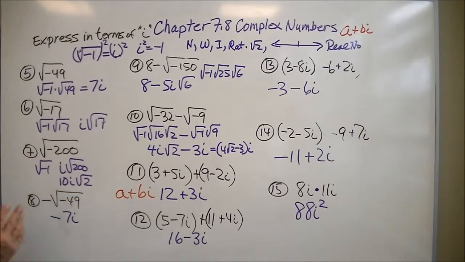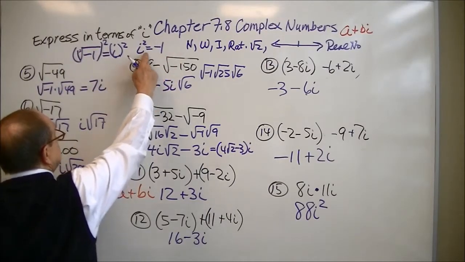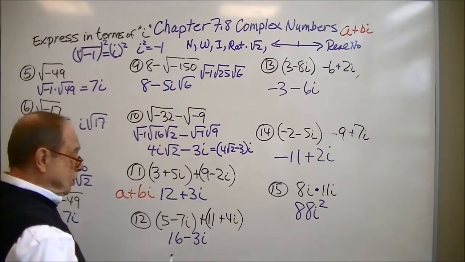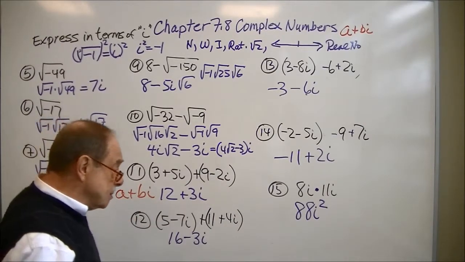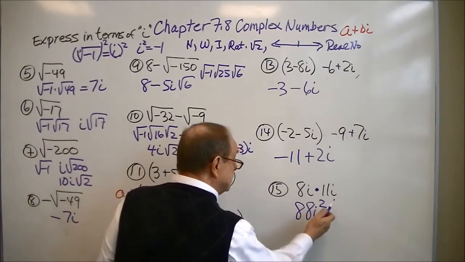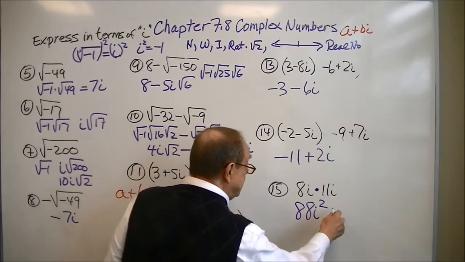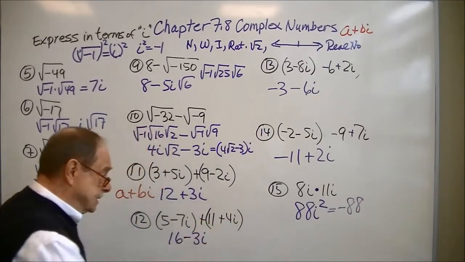Now if you leave it like that, even though it's technically correct, they're going to count it wrong. Why? Well, because we defined in the beginning that i squared is a negative 1. So whenever you come across i squared in a calculation, you must make it a negative 1. So 88 times a negative 1 is a negative 88. And that is the answer.